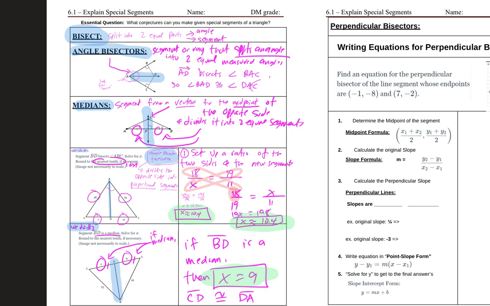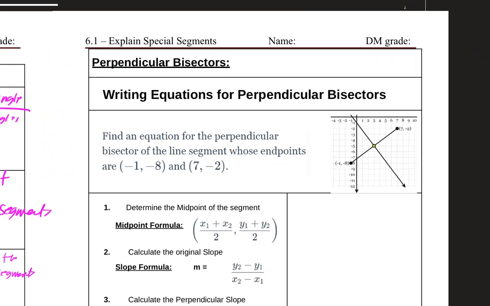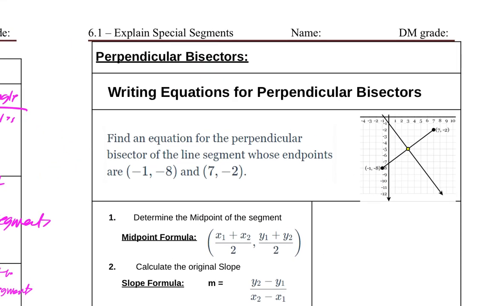All right, folks, now we're going to put everything together onto our final practice. Now, we've talked about these two terms, perpendicular and bisector, so let's go ahead and talk about that exact definition.